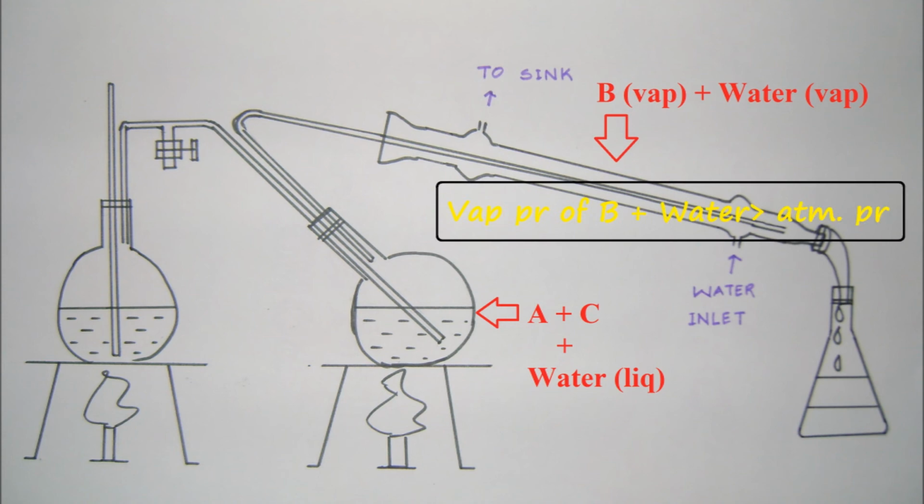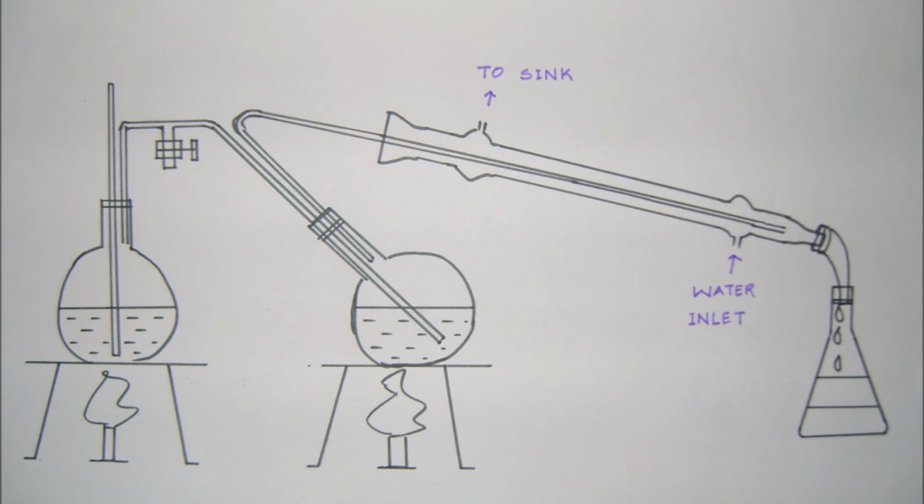Now the important fact is that as the vapor pressure of B and water was greater than the atmospheric pressure, a mixture of vapor of B and vapor of water went inside the condenser, and it will be followed by condensing of the mixture of B and water to get a mixture of liquid B and water as two layers.